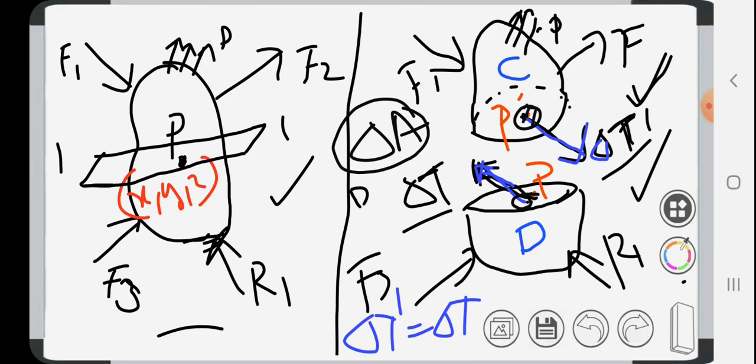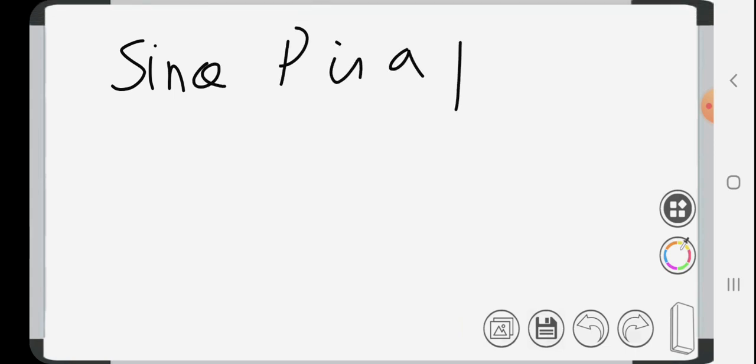Students, since P is a point, we cannot assume that delta A has a finite magnitude. So delta A should tend to 0, since P is a point.